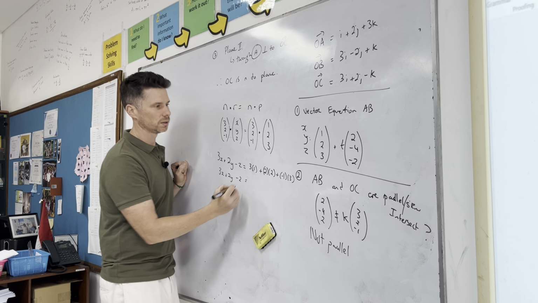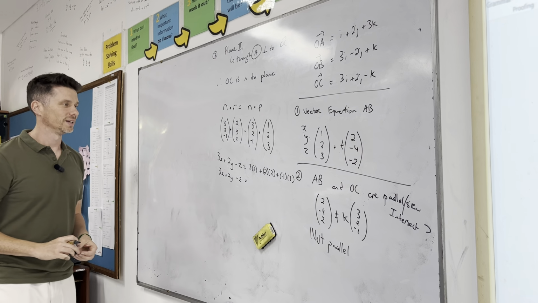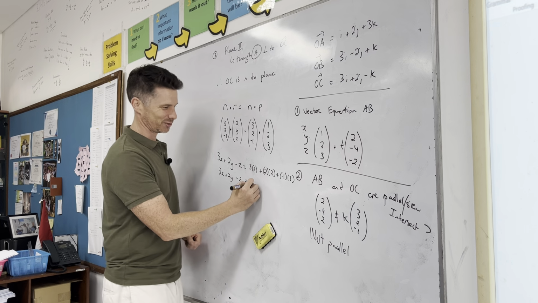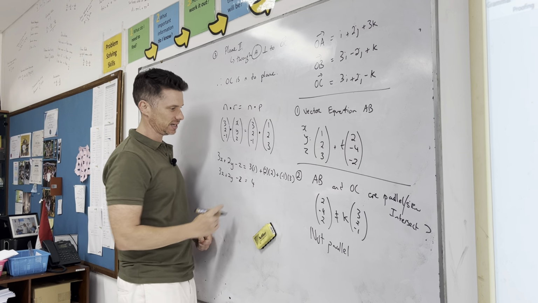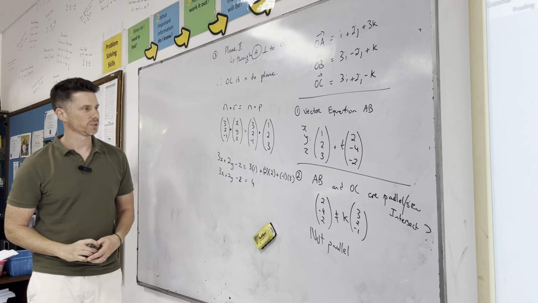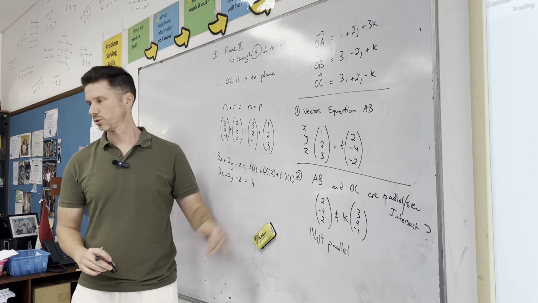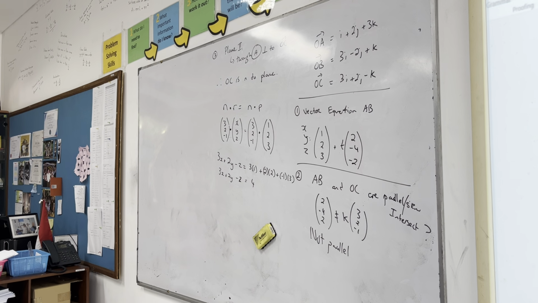Have you worked it out? Yes, the 3's conveniently cancel. So 3x plus 2y minus z is equal to 4. Okay, so that's part C.